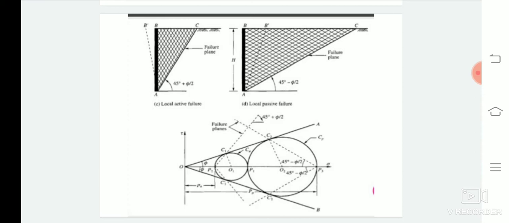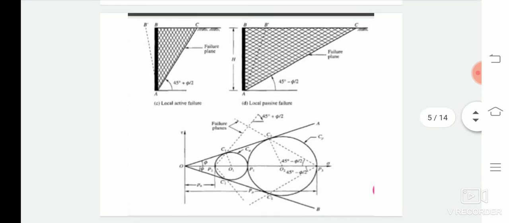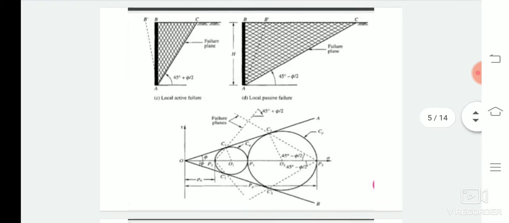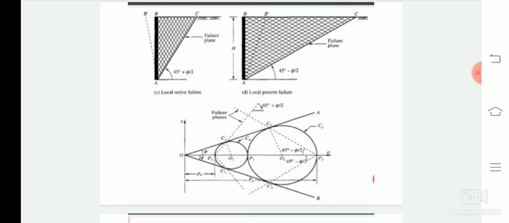And the state of plastic equilibrium can be represented by two straight lines at an angle phi to the sigma axis. Thus, the Mohr circle is a convenient tool for studying the stress conditions at equilibrium, both before and at the yield of the soil.